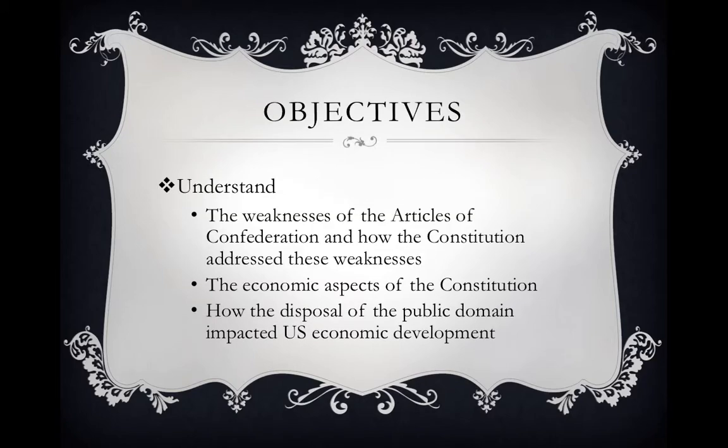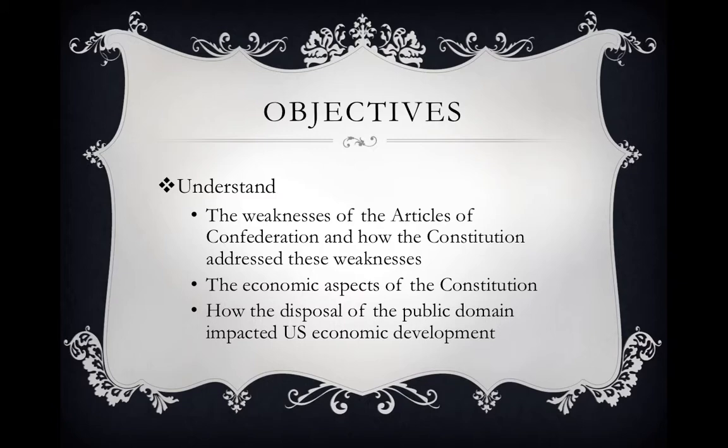So the things I really want you to stress when you do your readings in the textbook is, number one, understand that initially we were under the Articles of Confederation and that we moved to a constitution from that. So the question that begs to be answered is, why did we go from the Articles of Confederation to the Constitution?